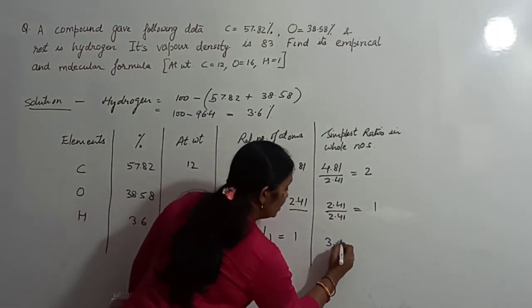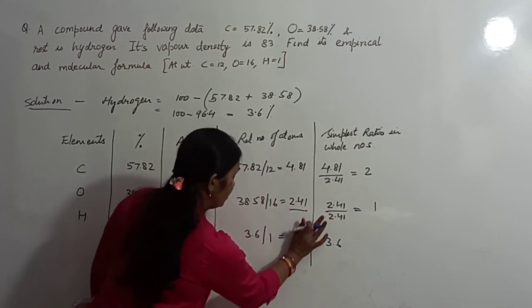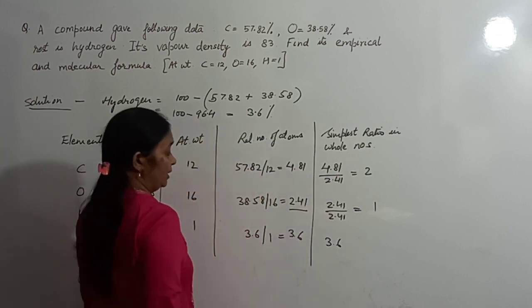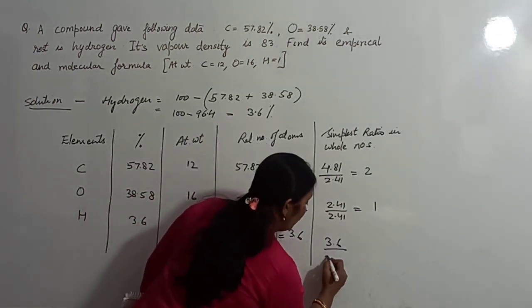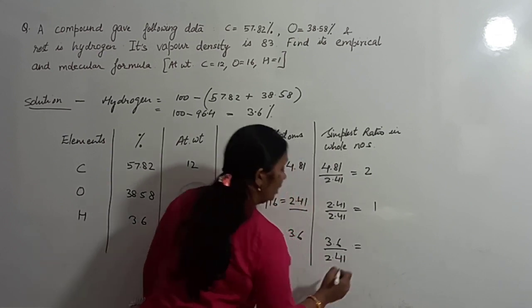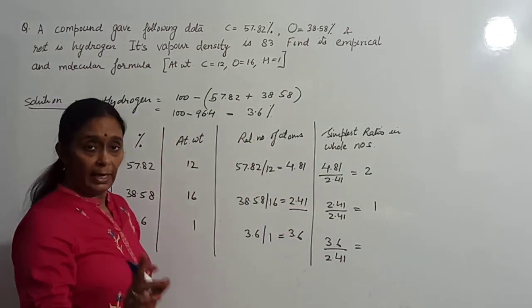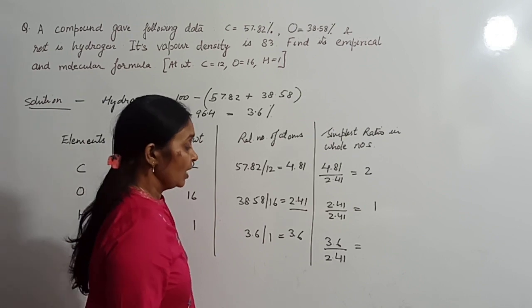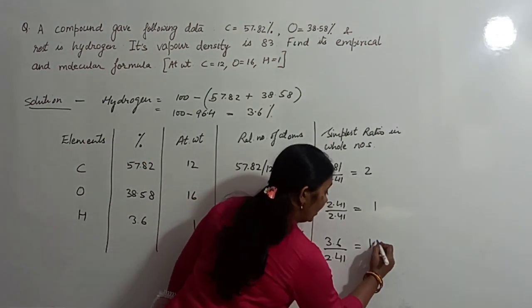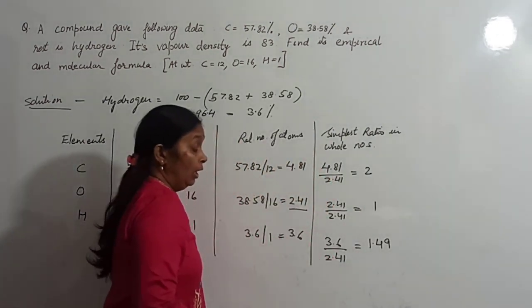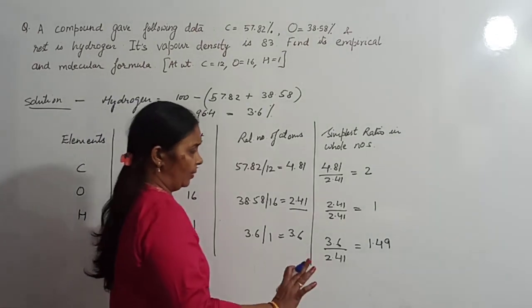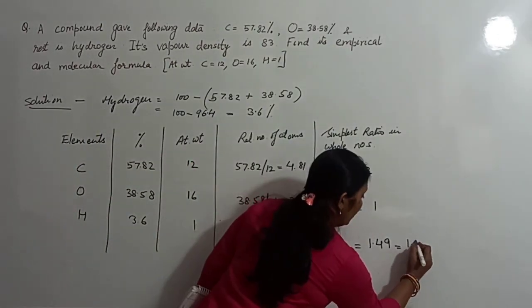And 3.6 divided by 2.41. Here is a difference in this numerical. This value is coming as 1.49. Now 1.49 means approximately you can write it as 1.5.